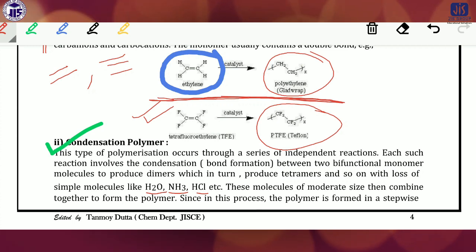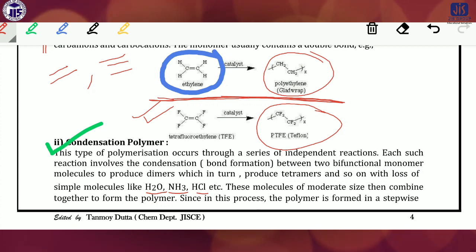When these small molecules are produced, the reaction is called a condensation reaction. Very small molecules means very simple molecules, but these byproducts will be produced. These molecules of moderate size then combine together to form the polymer.